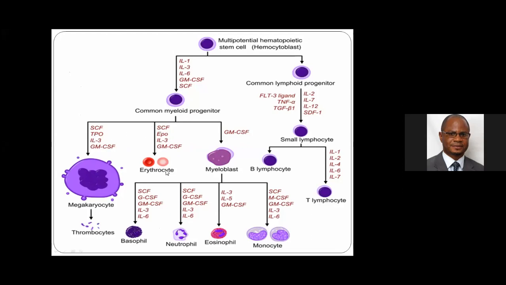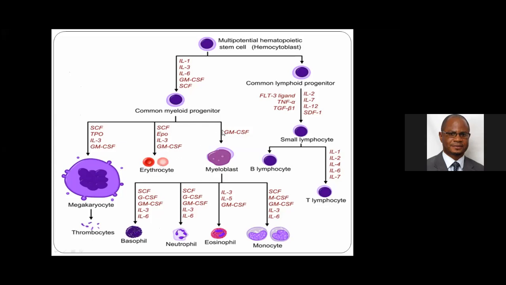So when the body wants erythrocyte, it will produce SCF. SCF is stem cell factor. It will produce interleukin-3, GM-CSF, but it will upregulate EPO, erythropoietin. And having increased that, myeloid progenitor cell will convert into a red cell lineage.